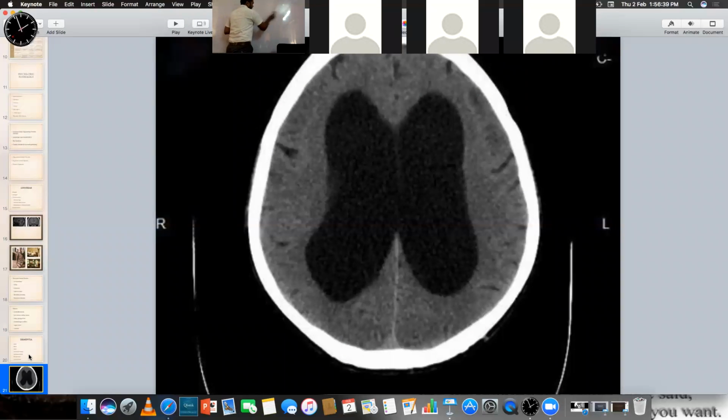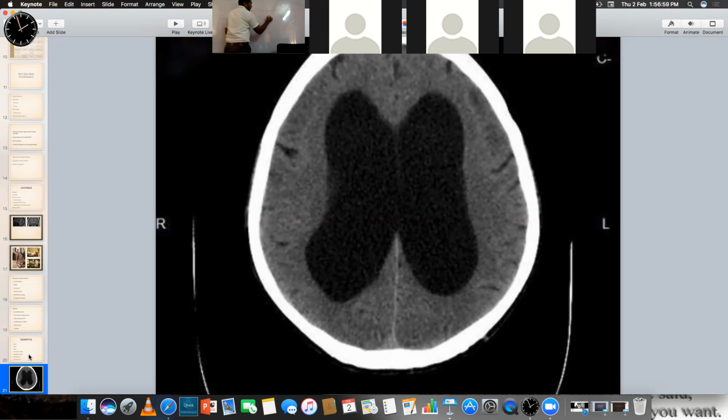Reversible cause of dementia is normal pressure hydrocephalus. Hydrocephalus, that is increased CSF in the ventricles.